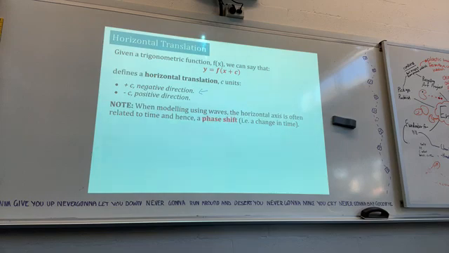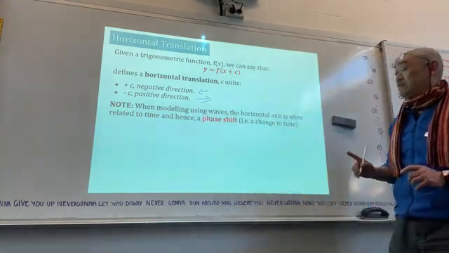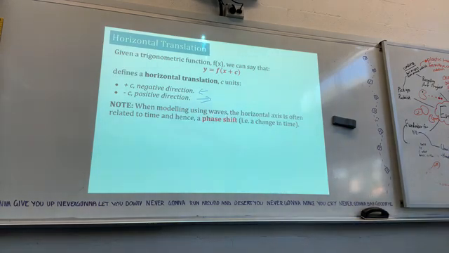And then minus c is positive direction, moving that way. So when modeling using waves, the horizontal axis is often related to time, and hence a phase shift, which is the change in time. So in modeling, we always use pi. We always use radians. We never ever use degrees. We'll talk about modeling when we come back next term.